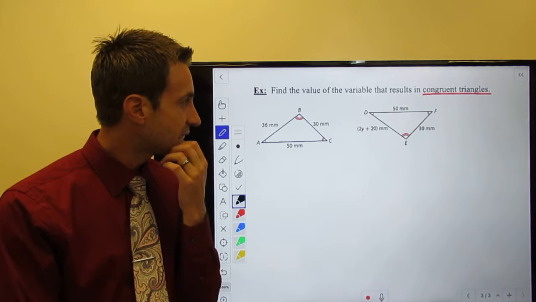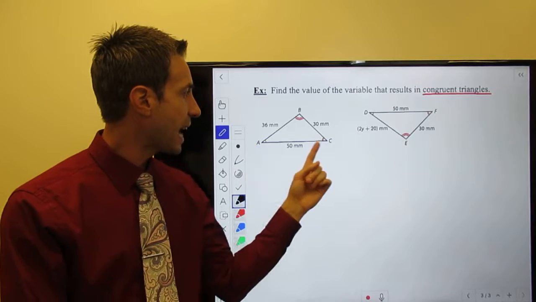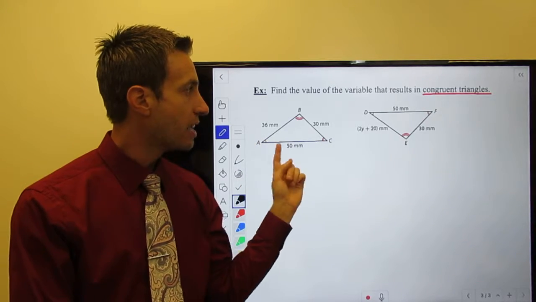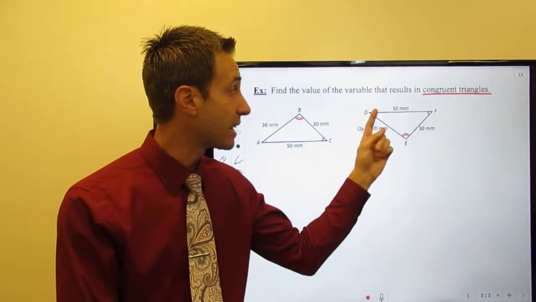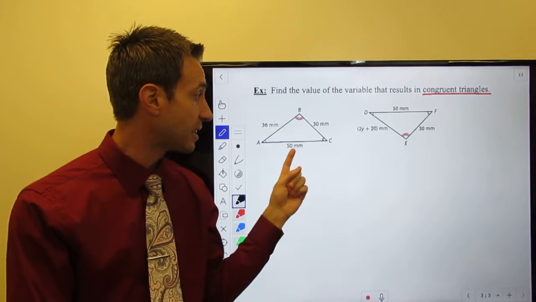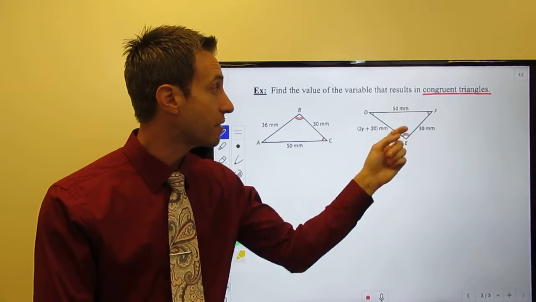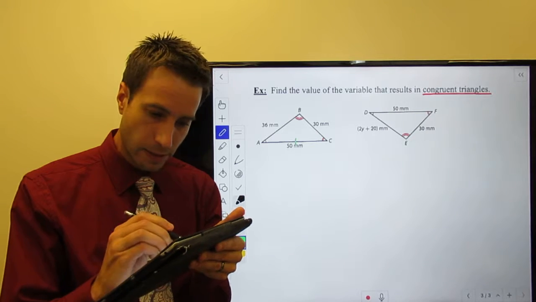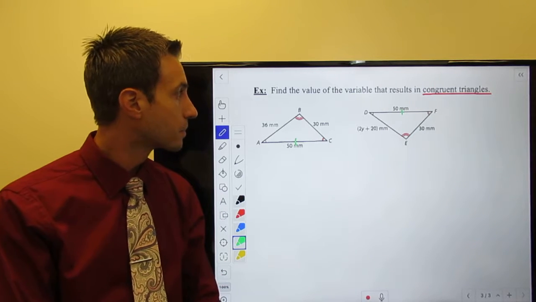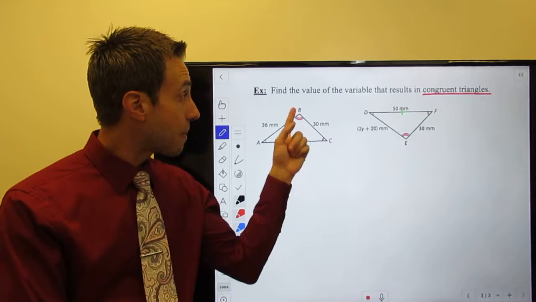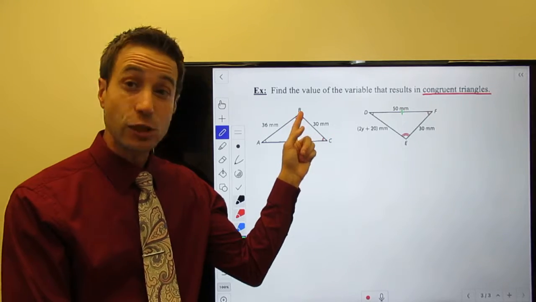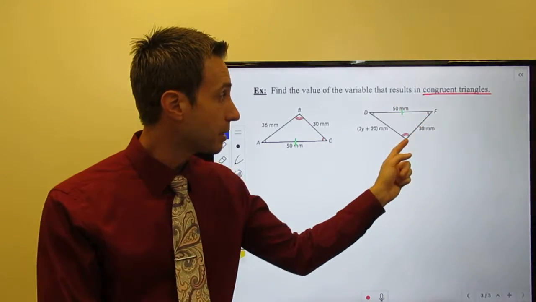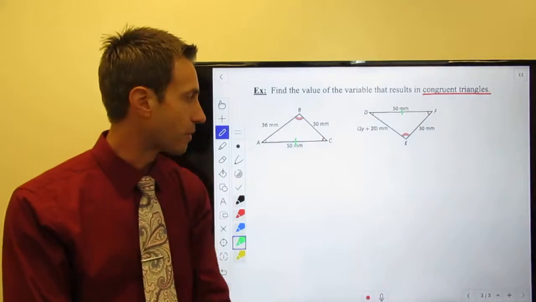So then what does that tell me? Well, it tells me that A and C, its corresponding side is DF, and indeed I can see 50 millimeters and 50 millimeters, so those definitely match up. In fact, those guys are the same. Which then tells me that BC, its corresponding side must be EF or FE, whichever way you want to say it.